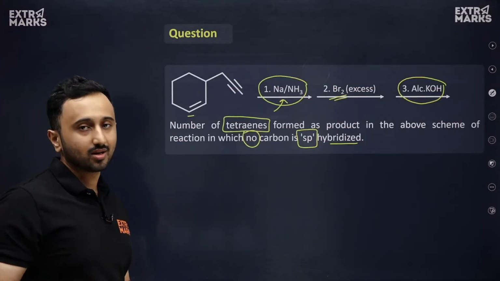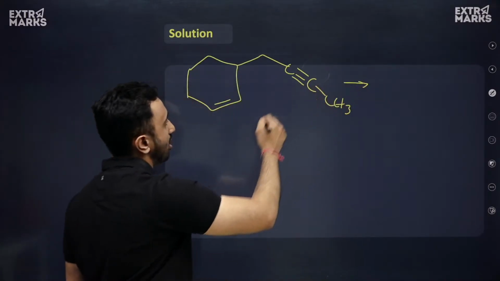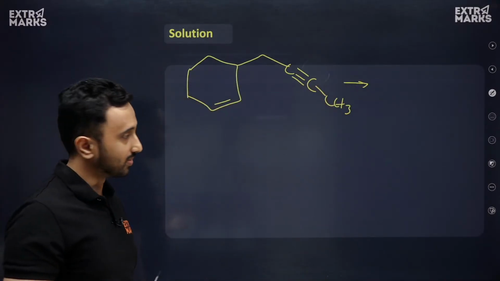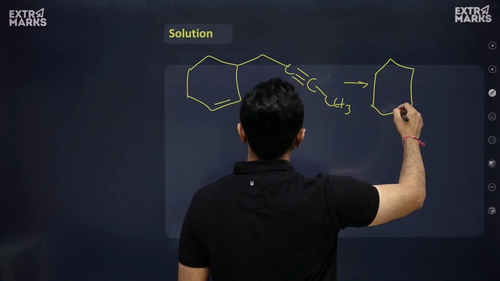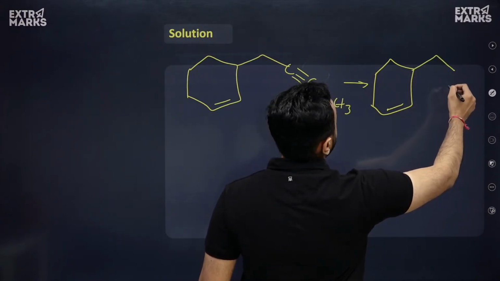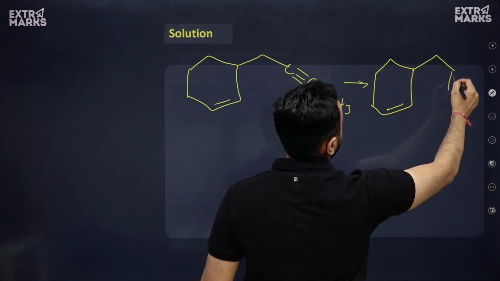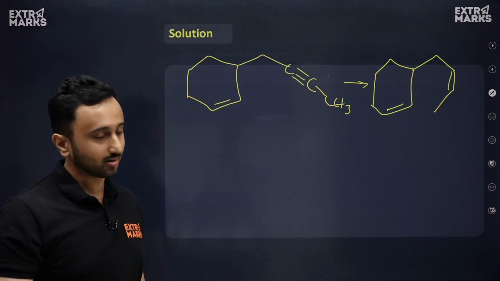Na/NH3, what will it do? It will reduce this triple bond, it will convert this into a double bond. So what will you get? You will get this compound. This double bond will be there, 1, 2, double bond and this, like this, right? This is what you will get.